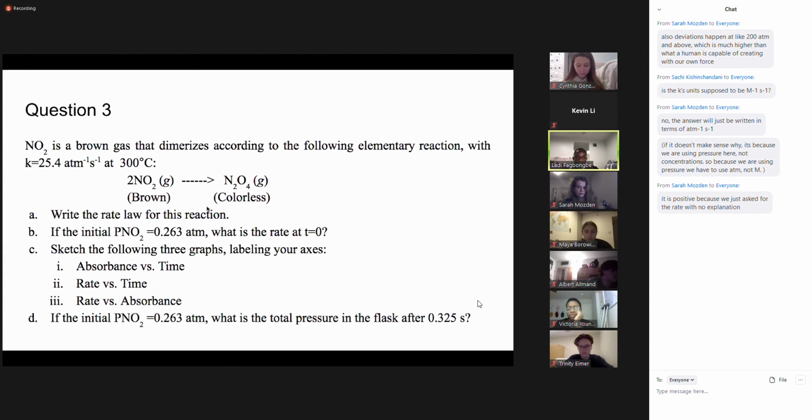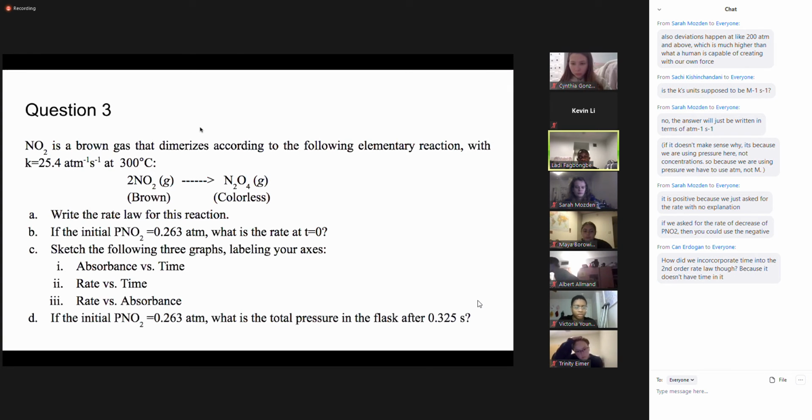And we have the k value because it was given to us in the problem. And then in part B, it gave us the initial pressure, which is 0.263 atmospheres. So you would just say rate equals 25.4 times 0.263 squared, and that gives you 1.76.